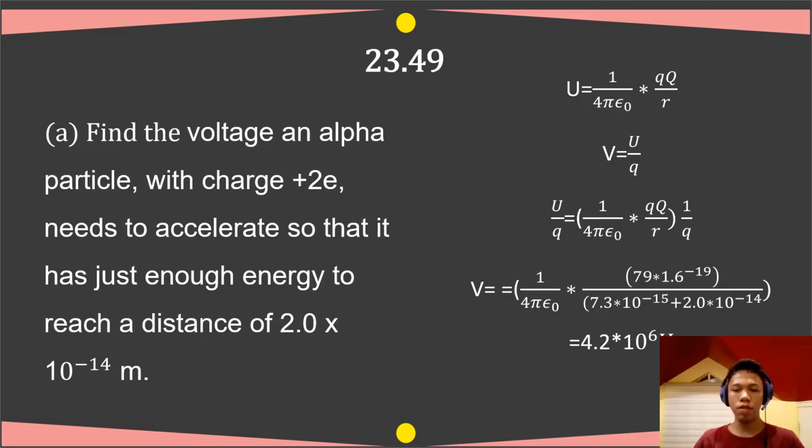So you divide the entire formula by q, and you get U over q equal to 1 over 4 pi epsilon naught times the two charges over R times 1 over q. As you can see, you can cancel the small q's, and then you just substitute the given values in the formula, and you will get 4.2 times 10 raised to 6 volts.